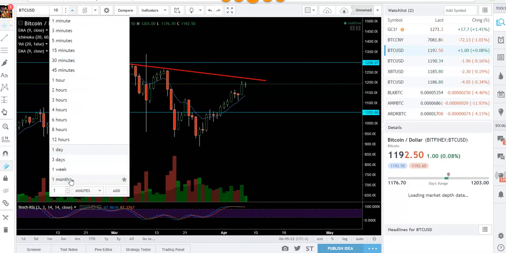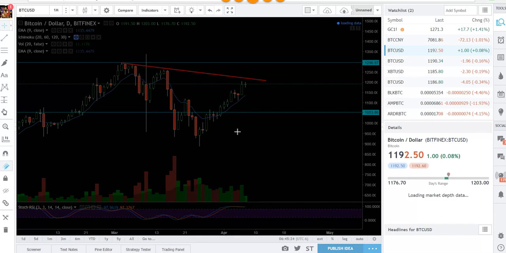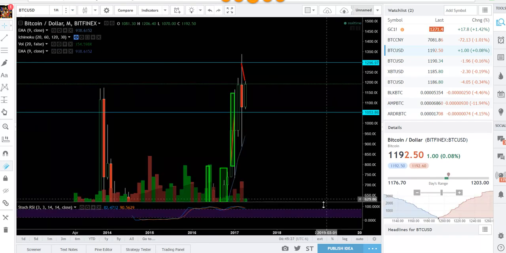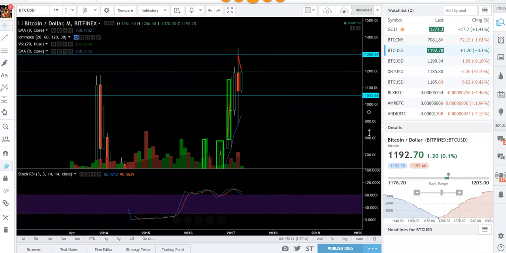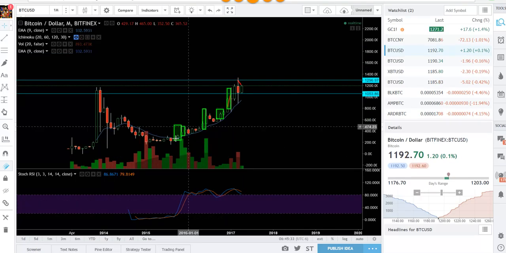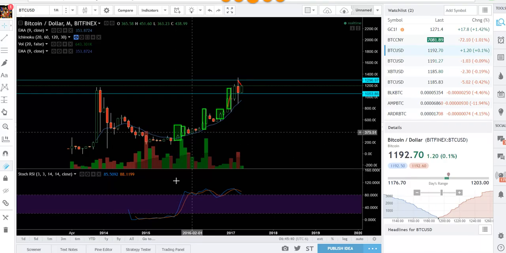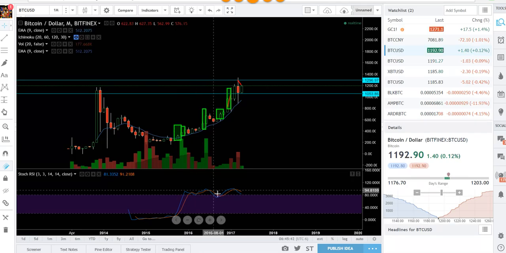If we start going up in higher time frames, we can tell, for instance, on the higher time frame, Bitcoin, since basically this whole year's run, the strength of the market has been high on a monthly level. I mean, we are high up here.